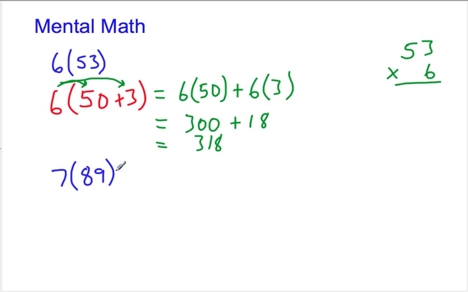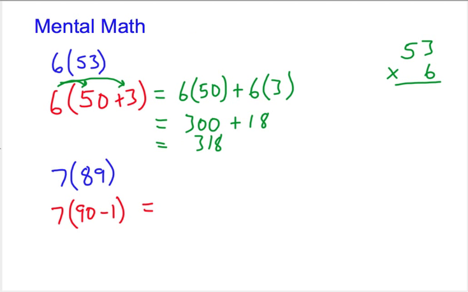This one can be done in a similar way, not exactly, but kind of similar. So instead of 7 times 80 plus 7 times 9, which could be done, I think it'll be easier in this case to do it like this. 7 times 90 minus 7 times 1.